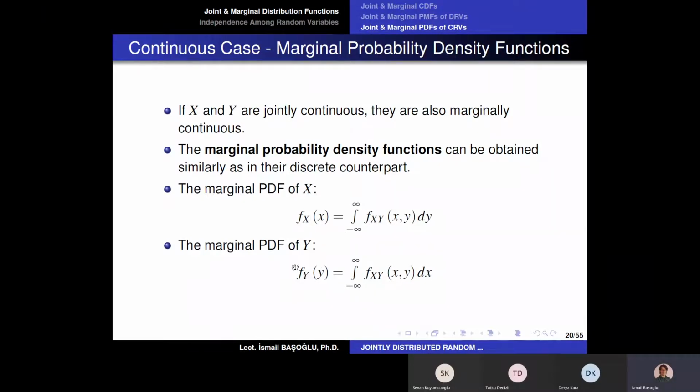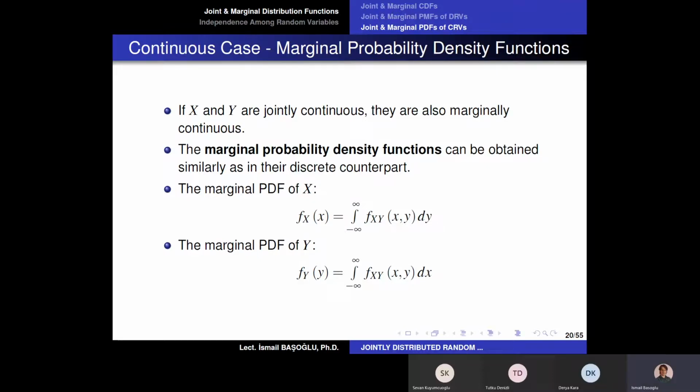Similarly, if you are interested in the marginal PDF of y, then you are going to integrate the joint probability density function over variable x. So why are we doing this? Because if you are interested in the individual PDF of x, then the other variable should be eliminated from that equation.